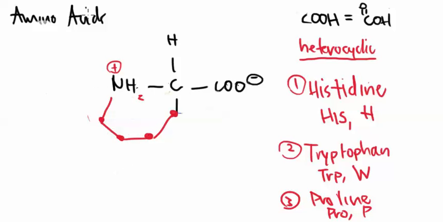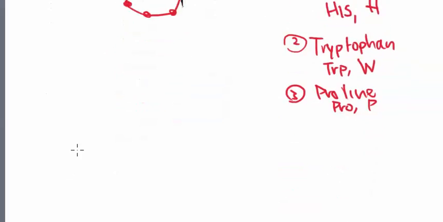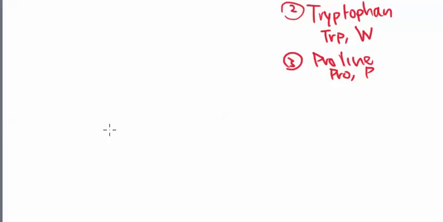And I actually made a mistake in this structure. There should be only 4 carbons in total with this ring structure, this being one of them. So this is my first carbon, and we need to do a second carbon, a third carbon, a fourth carbon, and then finally the NH2 group. So let me come down here and draw proline a little bit better for you.